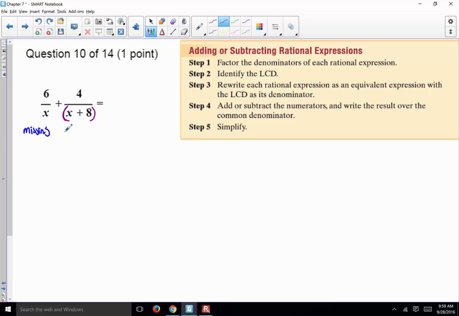This entire x plus 8 is missing on this side. And this entire x is missing on this side. So you need to put both of those items on both sides. So this one will take x plus 8 on both sides, and this one will take x on both sides.